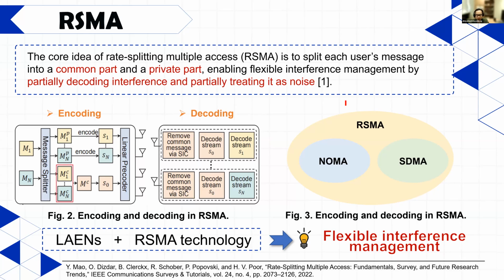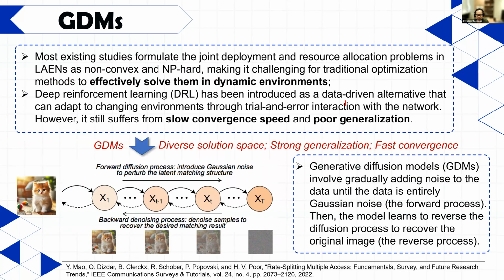I'm not going into the detail, but our work focuses on how we use the UAV low altitude economy network together with rate splitting multiple access to support multiple services. Again, we still focus on the diffusion model.